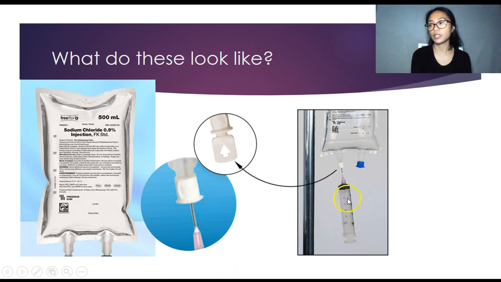Now, this is not a great image, but it just shows you that at the bottom of the bag there is a white port that is indicated by an upward arrow. You flick this off the bottom of the bag and it's just left with the white indicator, and this is where IV medications can be injected into the bag.